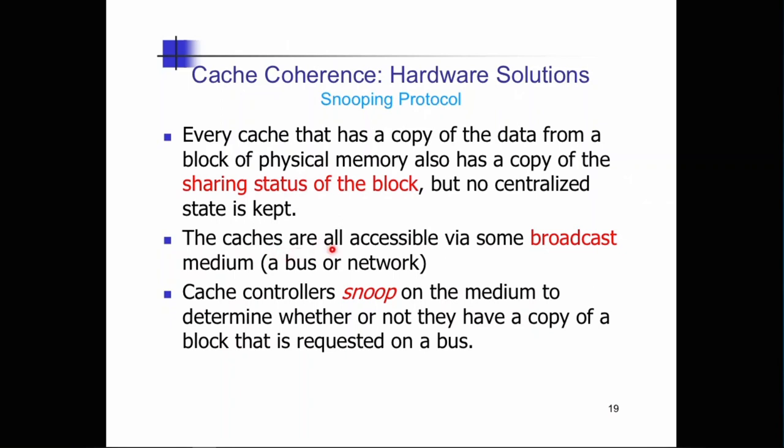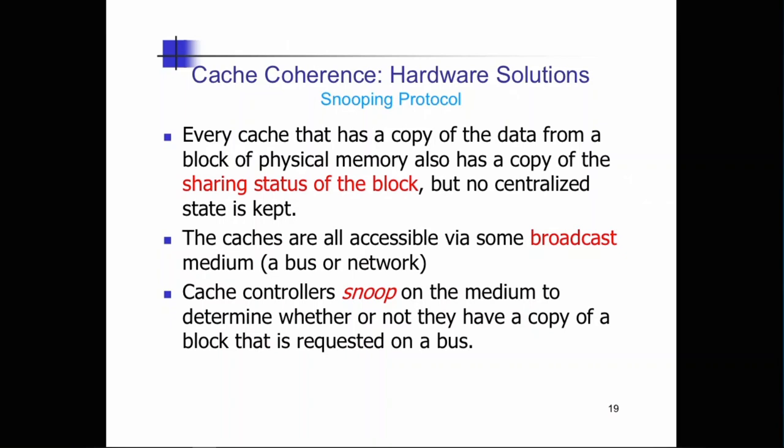The caches are all accessible. So caches meaning all the private caches as well as the shared status. They are all accessible via a broadcast medium. So this could be a bus or it could be a network.